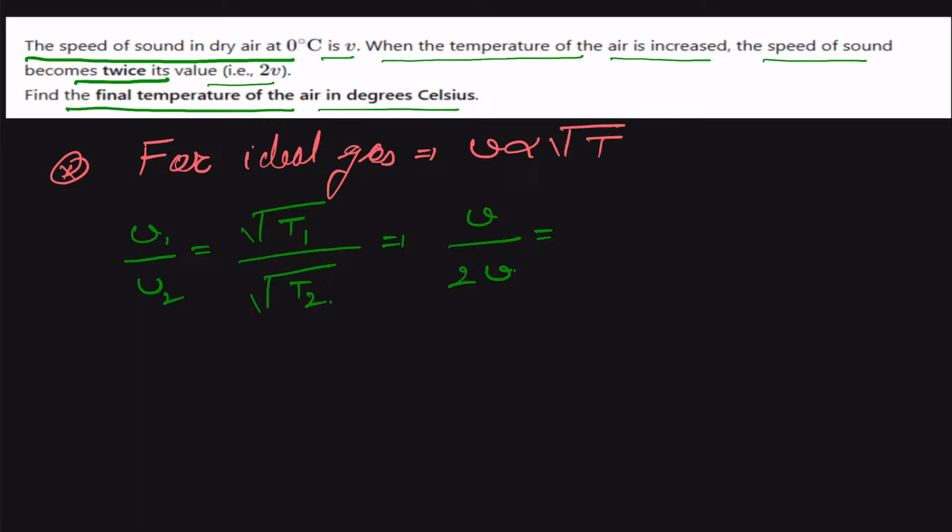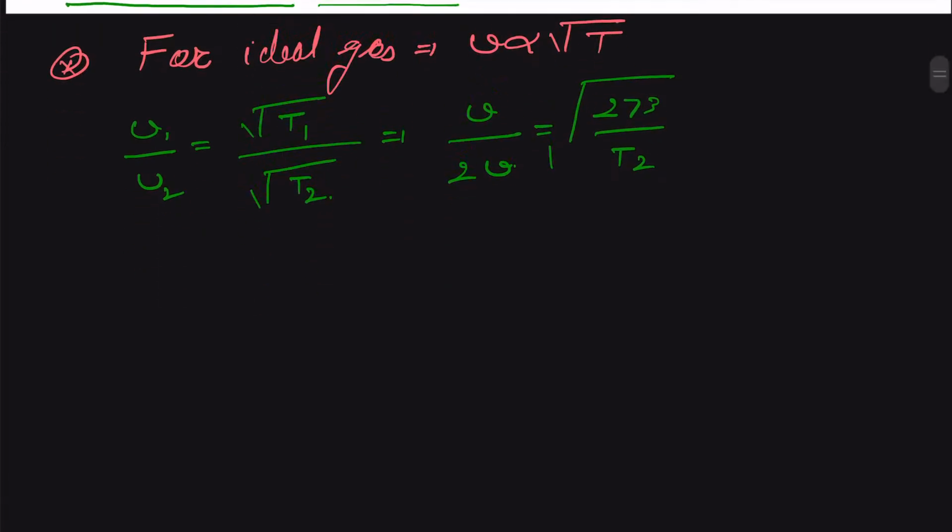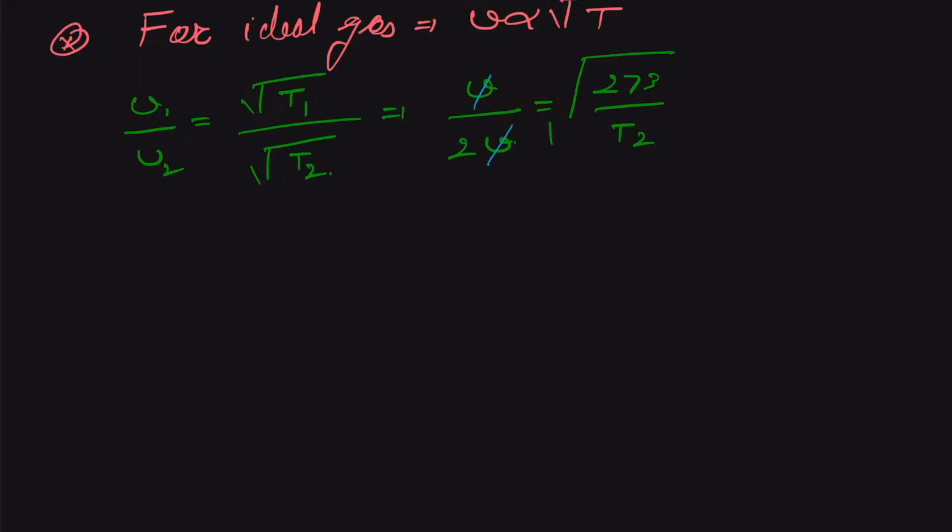So V and V cancel out, and we get T2 upon 273 is equal to 4, and therefore T2 is equal to 4 into 273, that will be 1092.